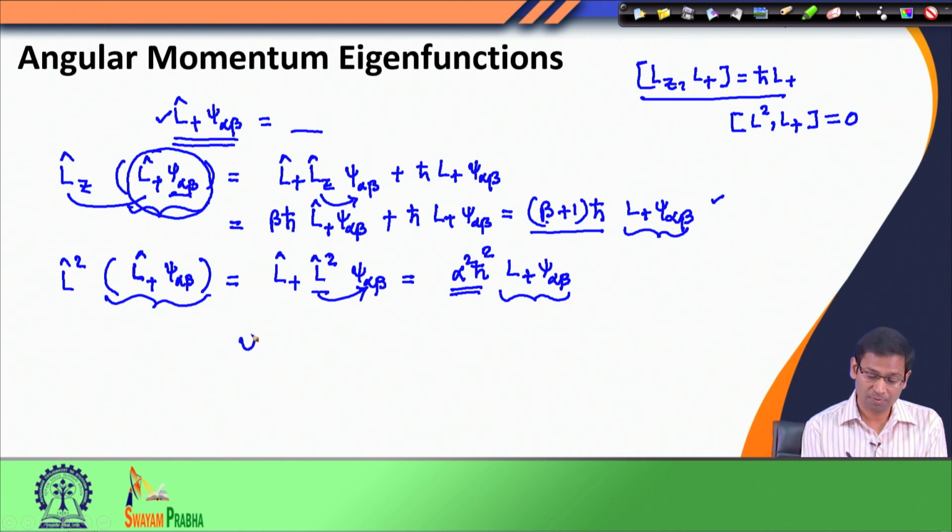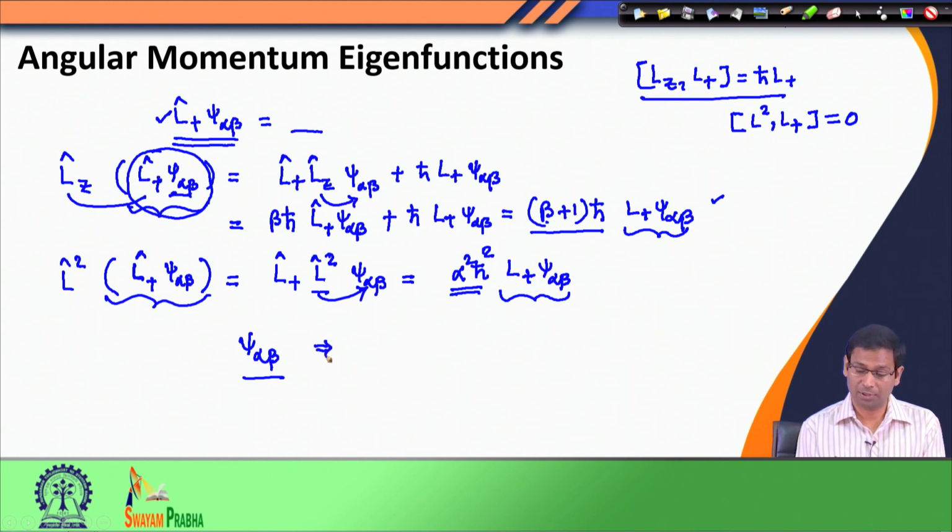I started with my psi alpha beta function, which I defined as the eigenfunction of L square and Lz operators, where alpha square h bar square was the eigenvalue of the L square operator and beta h bar was the eigenvalue of the Lz operator.